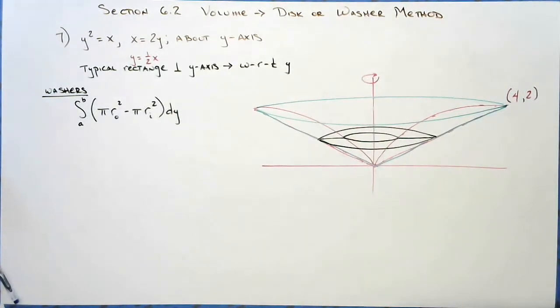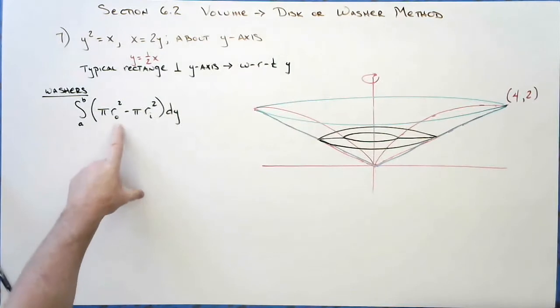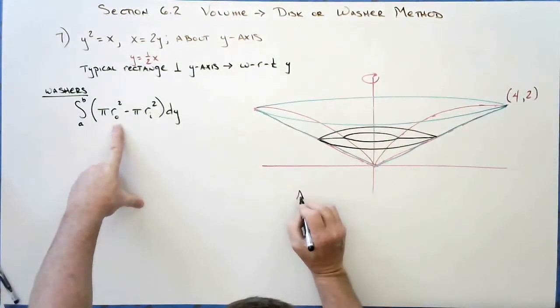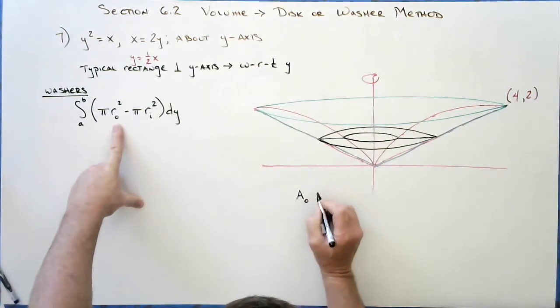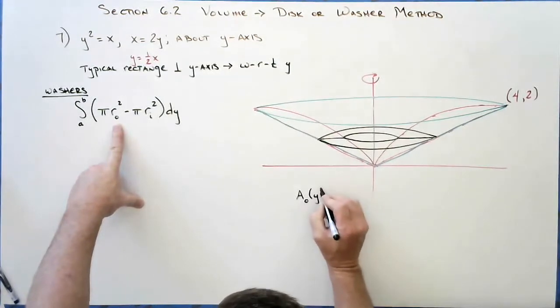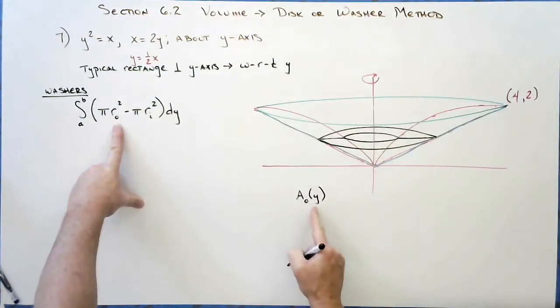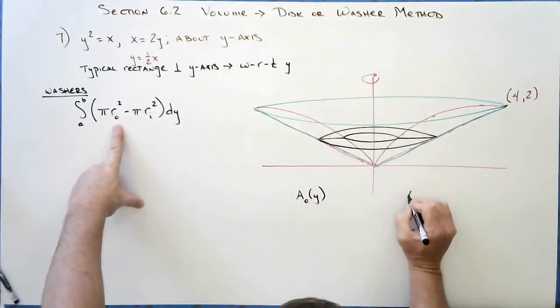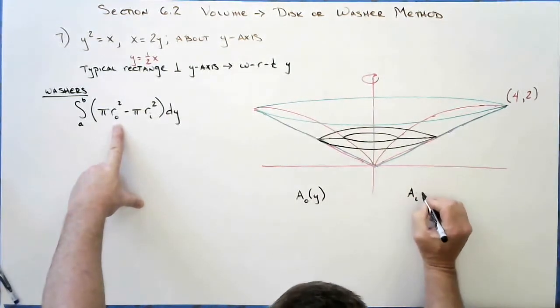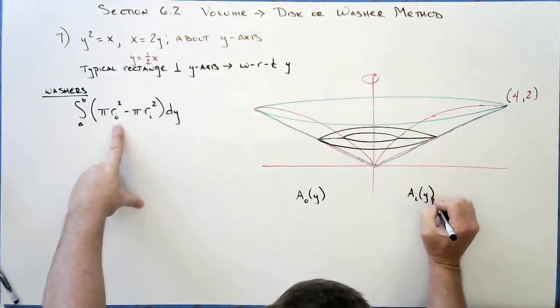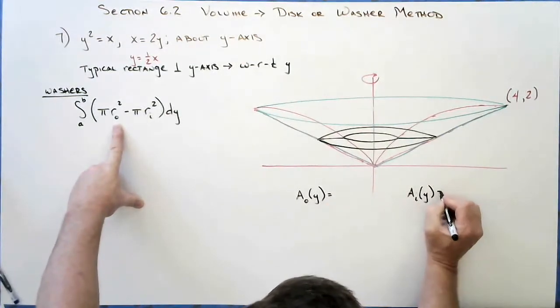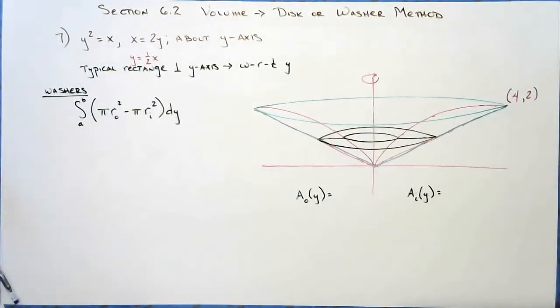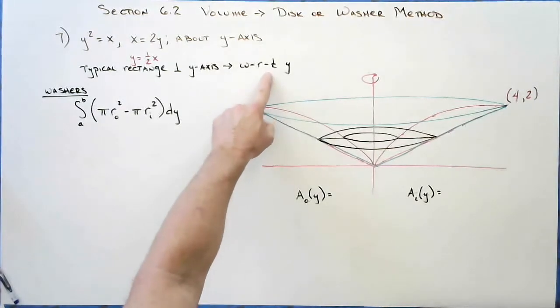So our task here, pi outer radius squared, we're going to call that the outer area. I'm looking for the outer area in terms of y. Over here, I'm going to look for the inner area, and I'm going to put down in terms of y to remind myself that I'm integrating with respect to y.